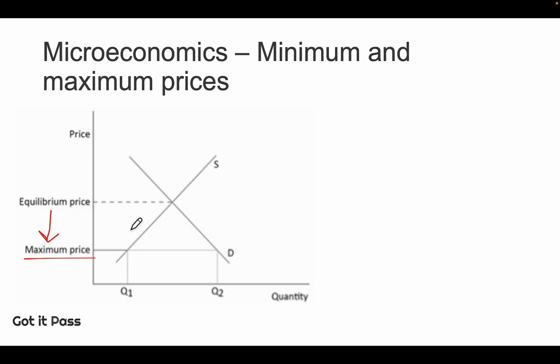So you can see the consumers demand Q2 here, but the suppliers or firms are only willing to supply up to Q1. So there is excess demand or a shortage in the market. I name it ED, the excess demand.